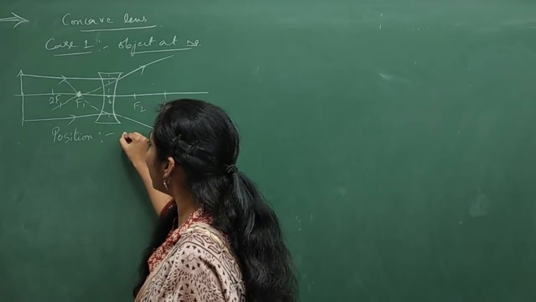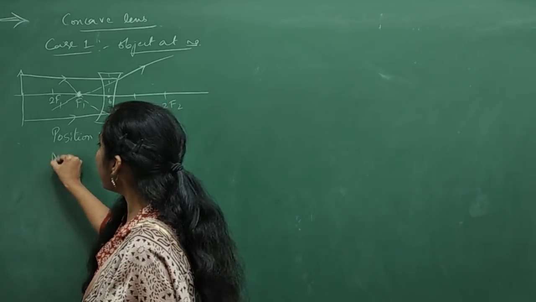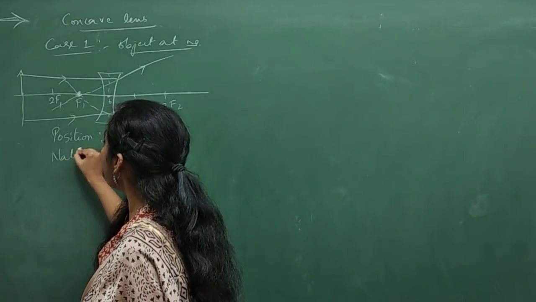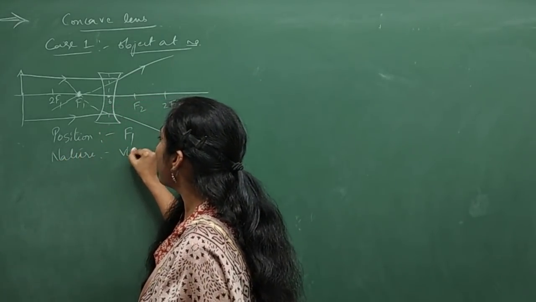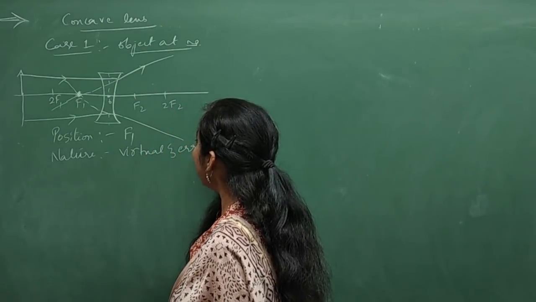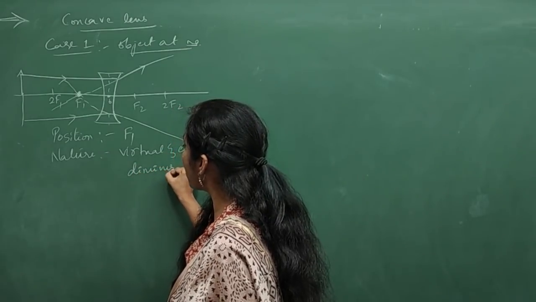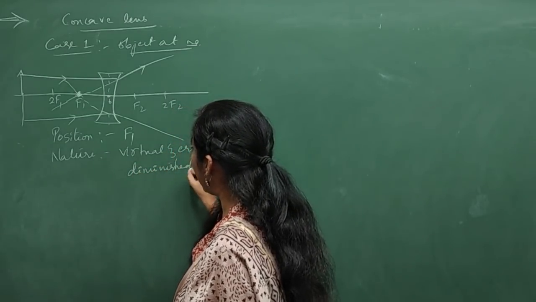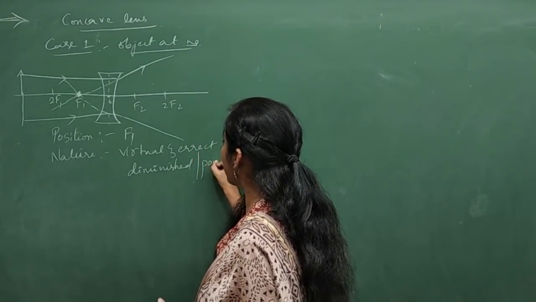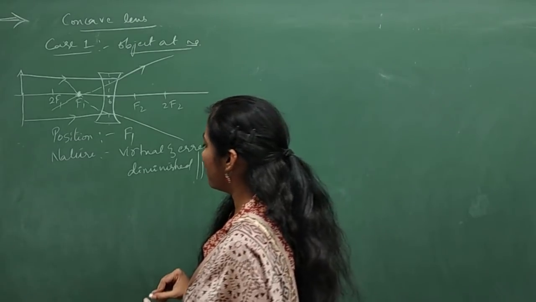Position of the image is at f1. And what is the nature of the image? Nature of the image is virtual and erect, right? But the size is diminished, highly diminished, or you can write it as point sized. You will get a point sized image, isn't it?